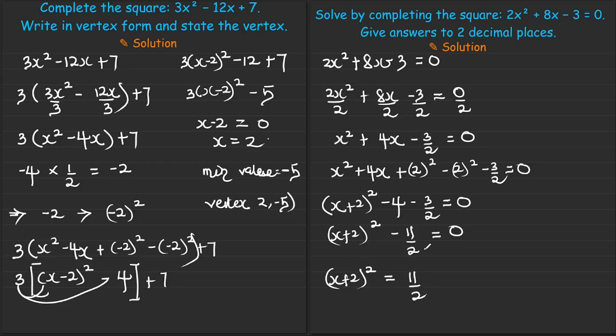We would have to find the square root of both sides. For the square root of both sides, we have x plus 2 equal to the square root of 11 over 2. You see? The square root of 11 over 2 using a calculator is simply 2.345.